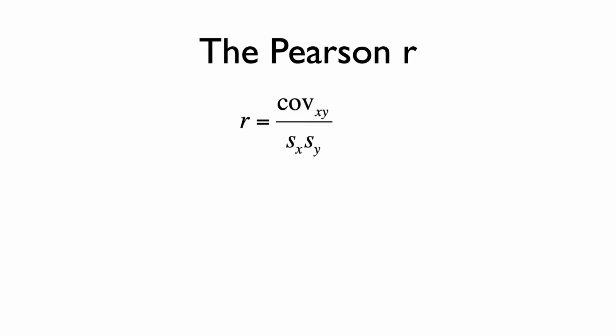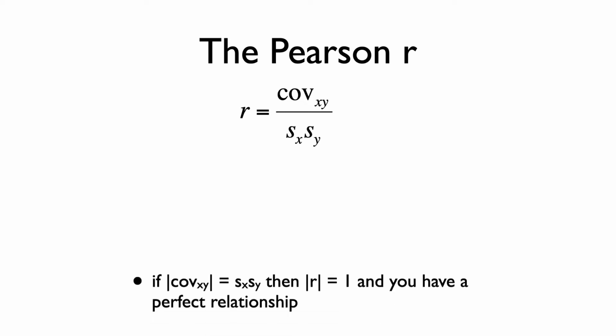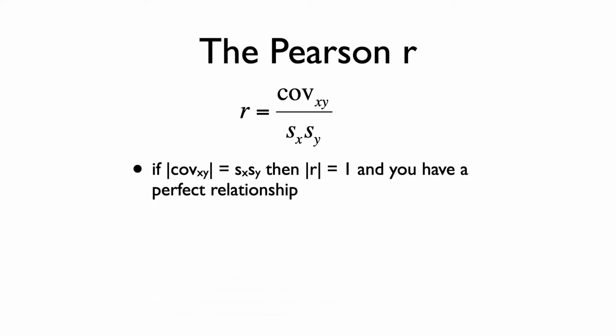What we end up with is the covariance of xy divided by s sub x times s sub y. That's called the Pearson correlation, or Pearson r. If the absolute value of the covariance of xy equals s sub x times s sub y, then the absolute value of r equals 1.